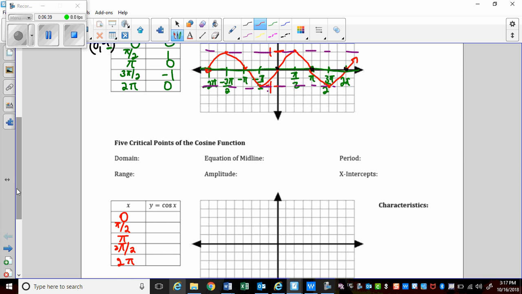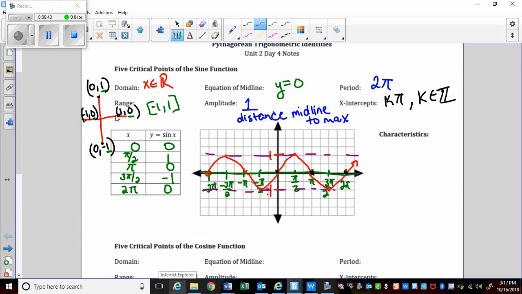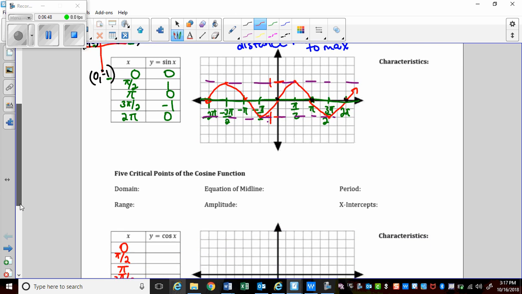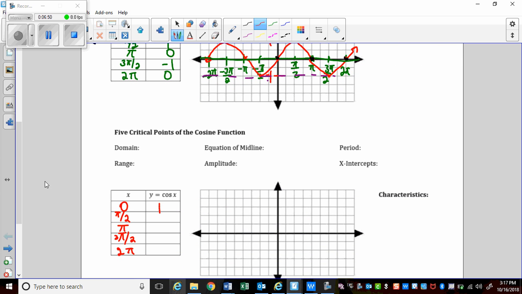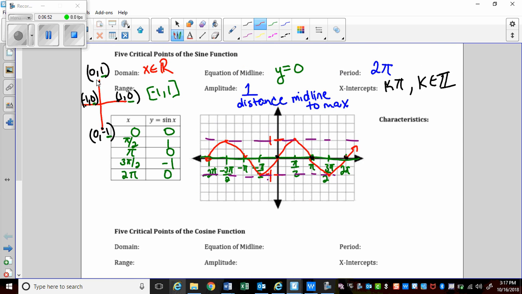Remember, cosine is our x values. So right here, our x values are 1. So when our radians are 0, our x values are 1. At pi over 2, my x value is 0, and then negative 1.